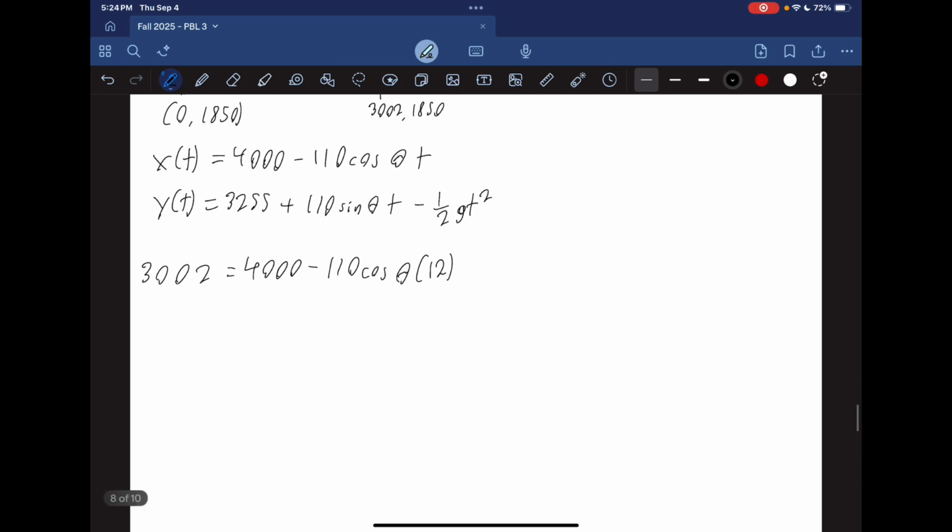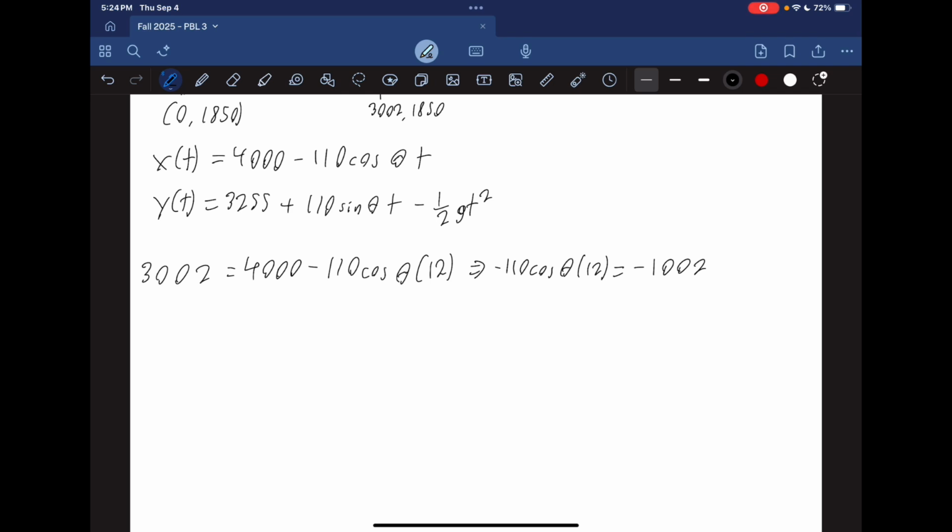Okay, so I'm going to rearrange this equation to solve for theta. So we've got, let's see, negative 110 cosine of theta times 12 is going to equal negative 3002 minus 4,000 is going to be negative 1,002.